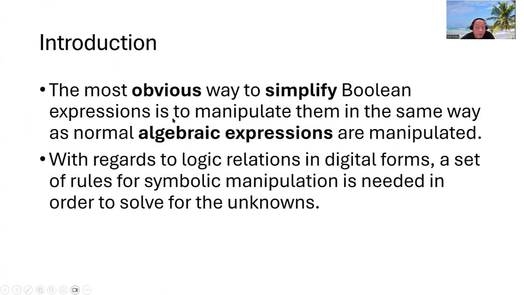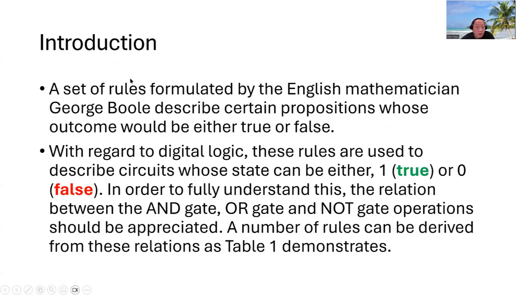Okay, now, it's very obvious that we want to learn Boolean expressions so that we can manipulate them, and also we can simplify them. That's the main purpose. One is to manipulate the Boolean logic. The other is to simplify it. So we can do design and we can understand the program. Okay, so there are a set of rules formulated by English mathematician George Boole to describe these different propositions.